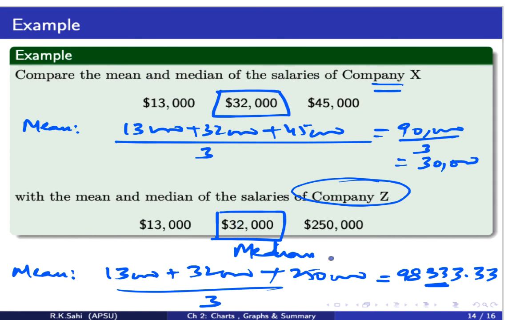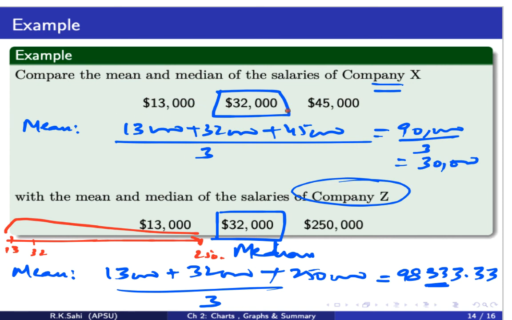That is a sure shot. Even without doing all the math, we could see that 250 is going to pull the whole graph. If I want to draw a graph over here, think of this as 13 and say 32K, and way out is 250. So when I draw it, this is going to be right skewed.